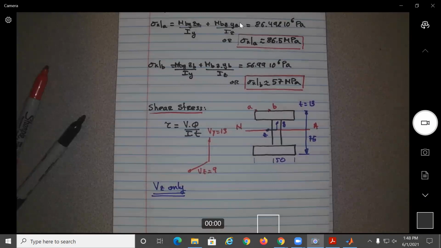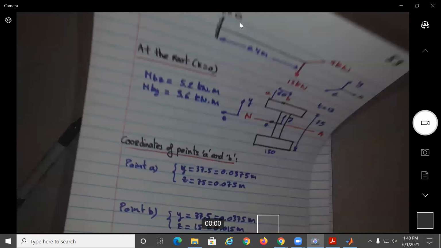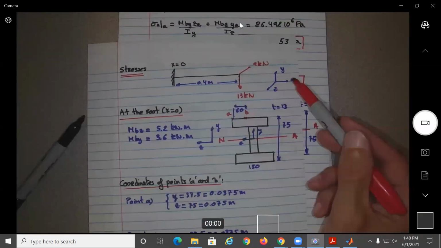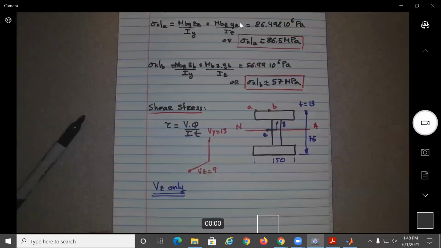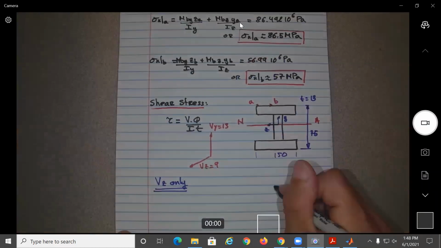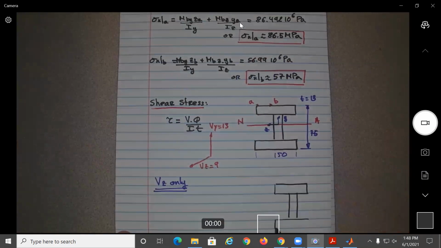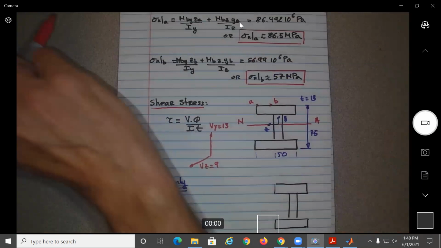So in this case, maybe you see here I did the figure using this coordinate system. All right, but really if we use this one, okay, let me just redo the figure very quick. Figures never hurt. So we know this is the neutral axis.